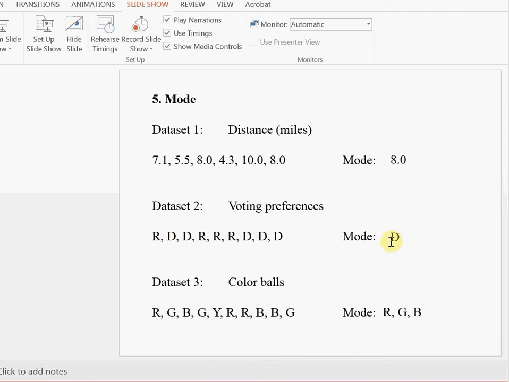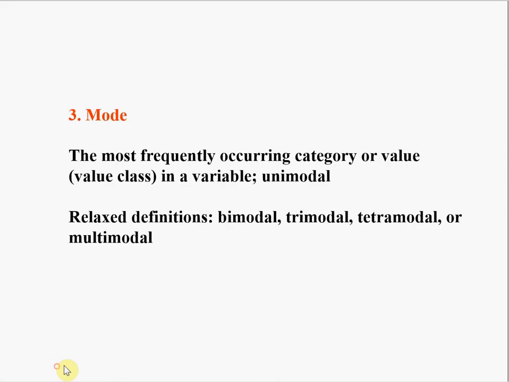Therefore, Democrats is the mode in this data set. So that is a case when we have only one mode in one variable. One value or one category has the single highest frequency of occurring.